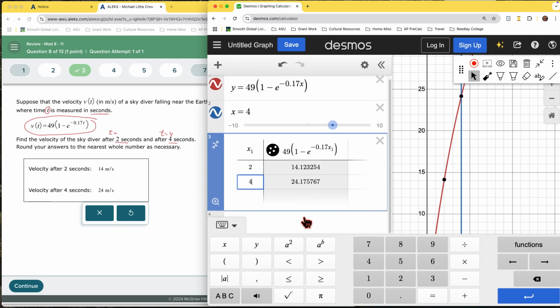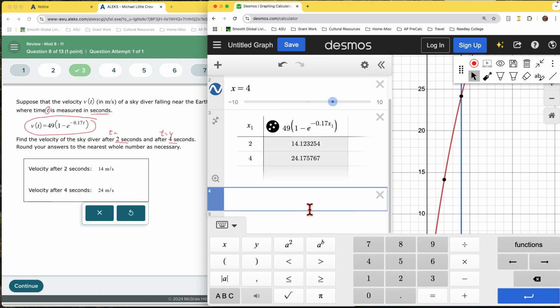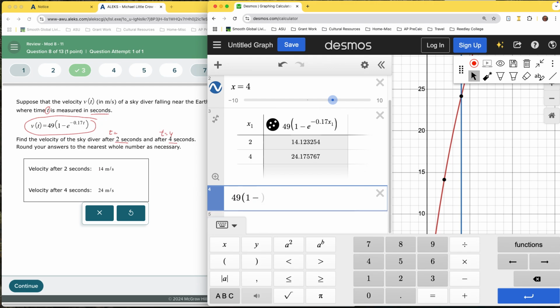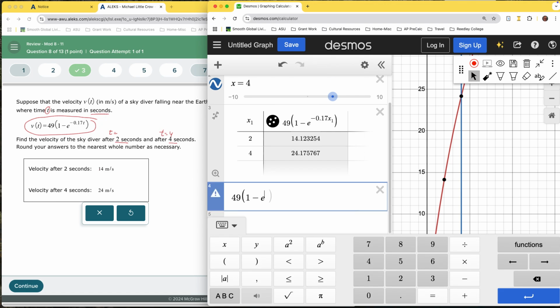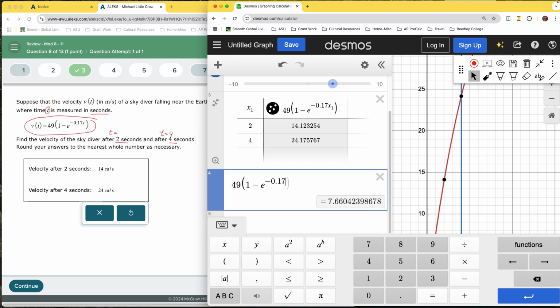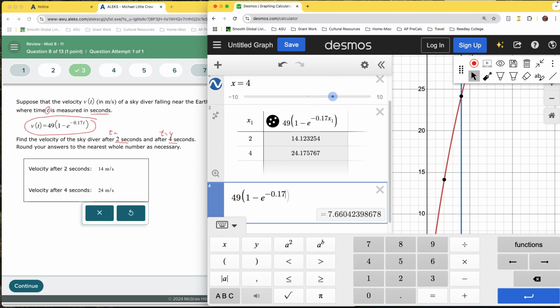One final way to do this using the Desmos calculator, and I don't know why, but you could actually physically type in each of these values, e raised to the negative 0.17, times, it's just a shifted 8. Let's see, can we do that? Times, I need to multiply this times 2.